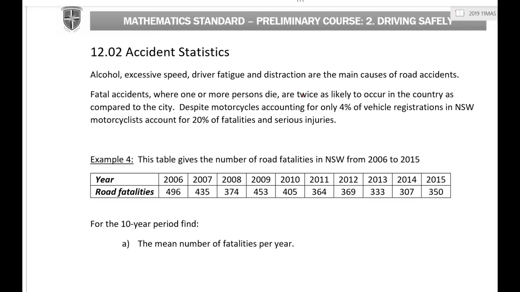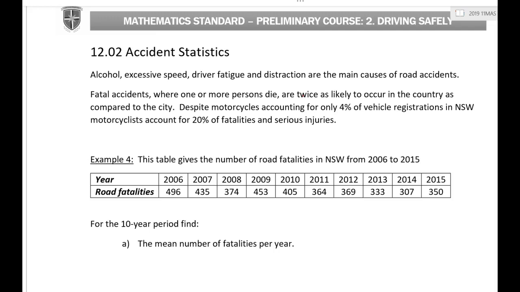Also, about 20% of fatalities involve a motorcyclist, and yet motorcyclists are only about 1 in every 25 vehicles on the road. So in the country, on a motorbike, be extra super careful.